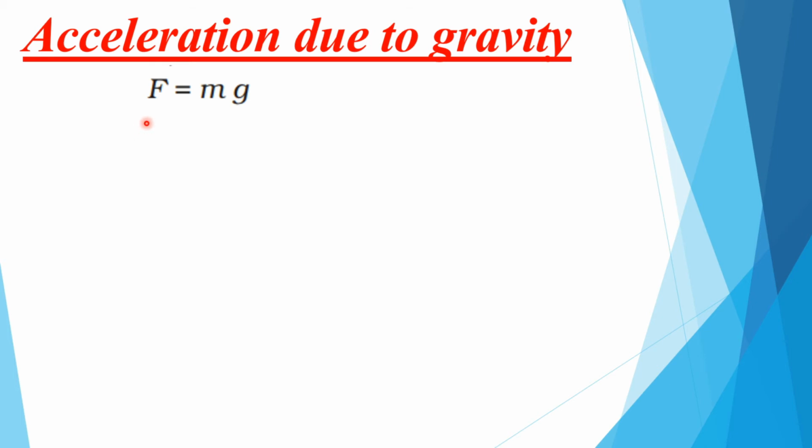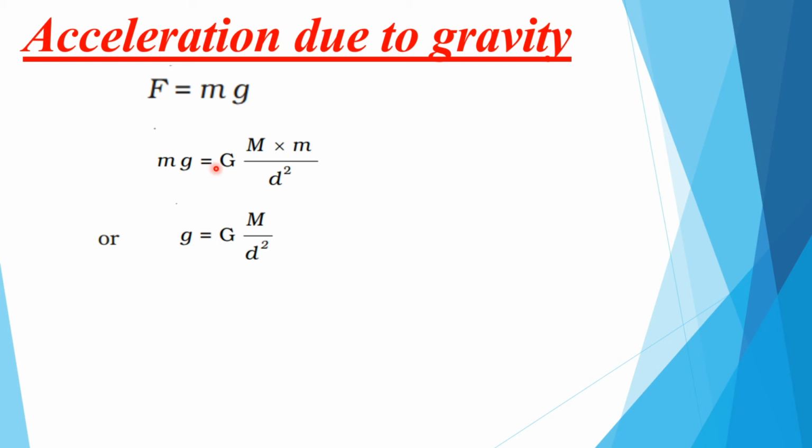So we know from Newton's second law that force is equal to the product of mass and acceleration. Here the acceleration is due to gravity, so we will write force is equal to mass into gravitational acceleration. So F is equal to mg. According to the universal law of gravitation, force is proportional to the product of the masses and inversely proportional to the square of the distance between the two objects.